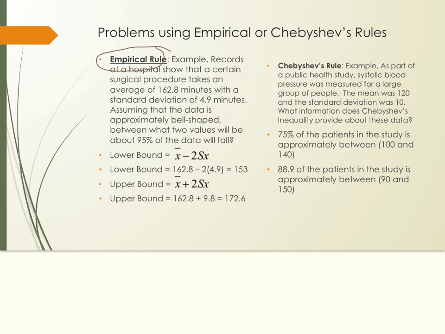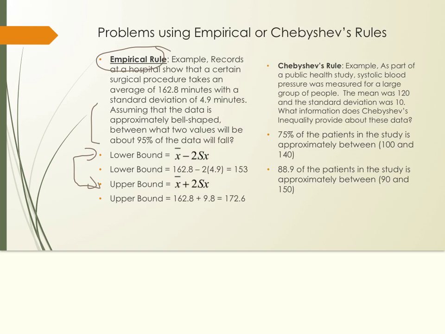Assuming that the data is approximately bell-shaped, that's an important factor, between what two values will about 95% of the data fall? So we calculate a lower bound and an upper bound, right?